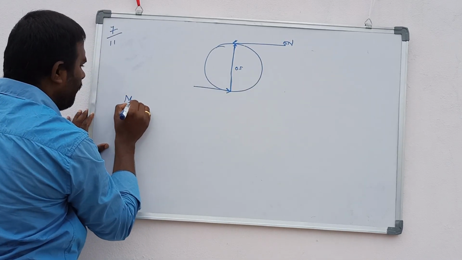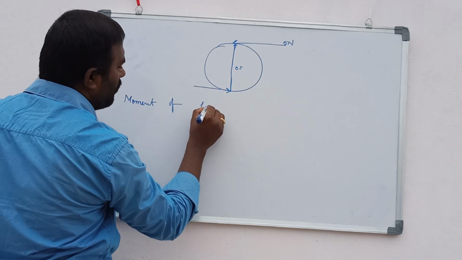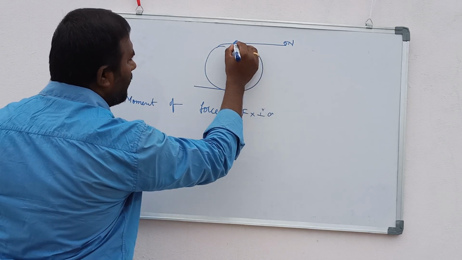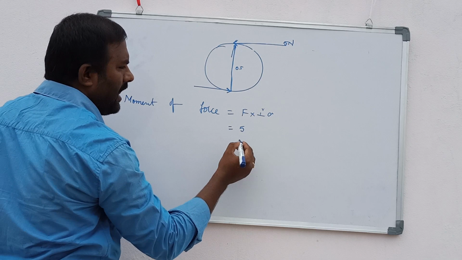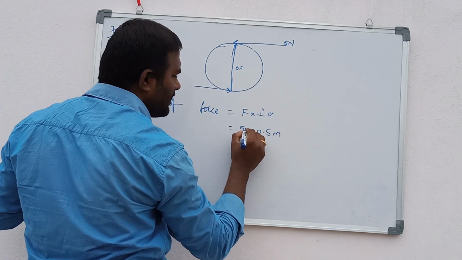Now the moment of force of the steering wheel. The moment of force of the steering wheel is force into perpendicular distance. Force is applied here, this is the distance. So how much force are we applying? 5. And the perpendicular distance is 0.5 meters, and the force is 5 newtons.